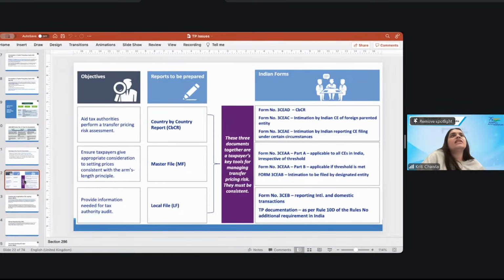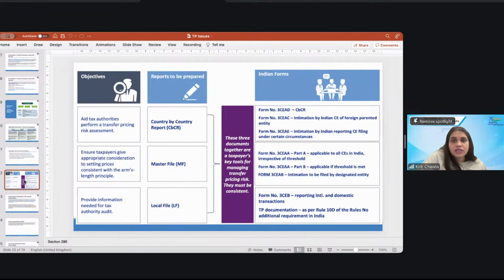That basically means that even if there is an Indian entity being part of a multinational company headquartered in India, they will have to file country by country reporting with the Indian tax authorities, and this is provided in Section 286.